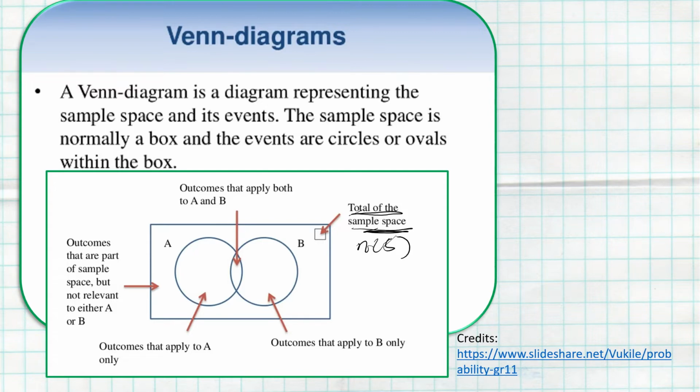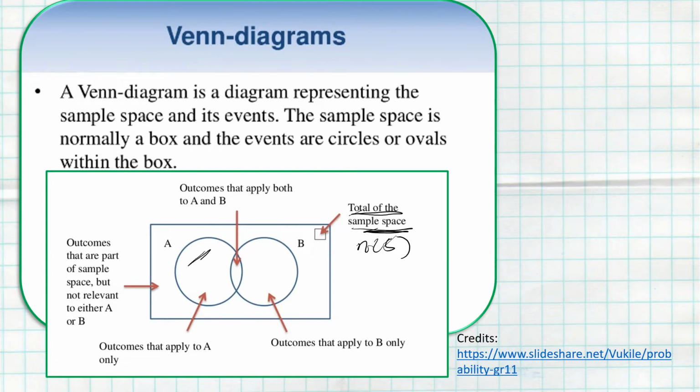It's mostly written at the top corner. Sometimes they put it outside a bit, and that will be your sample space. We also have these two circles representing these two events.